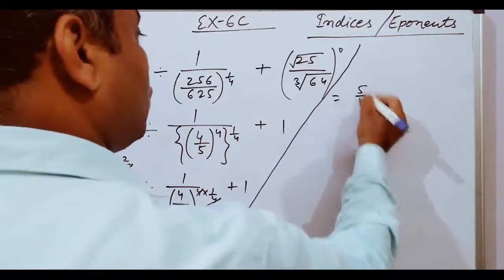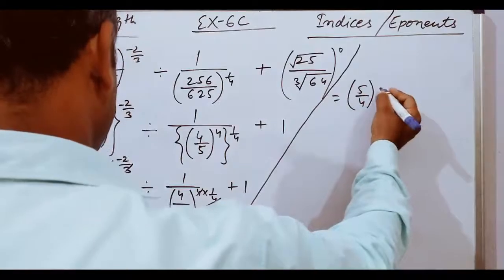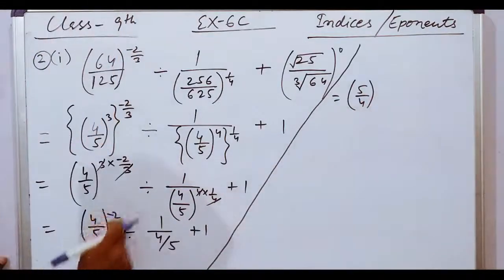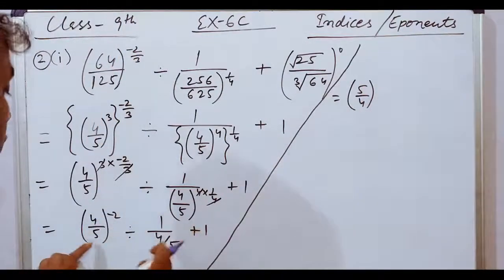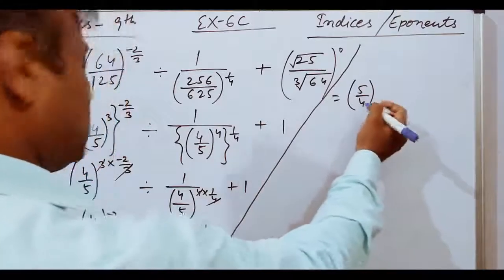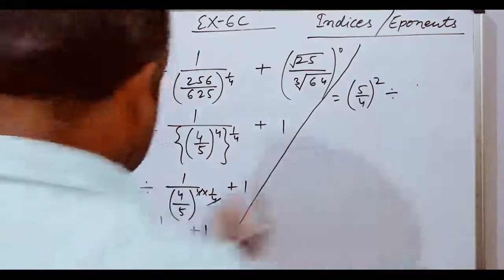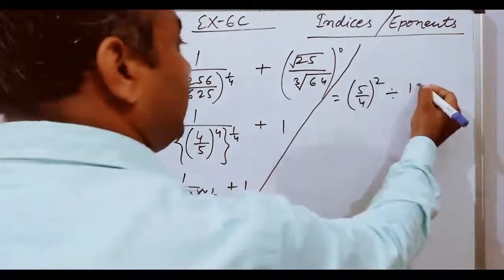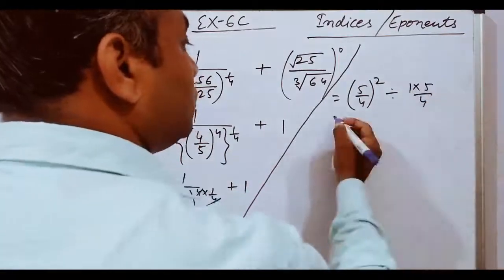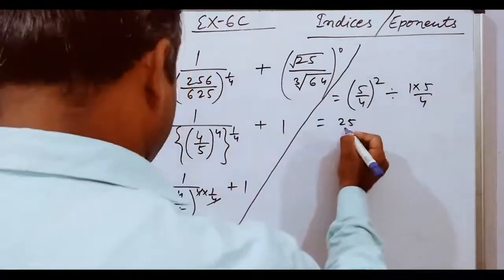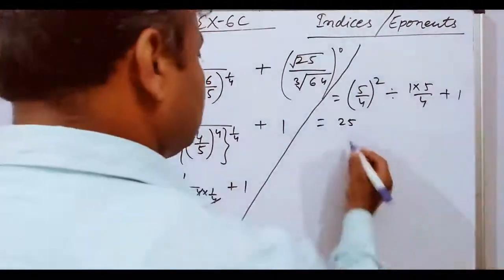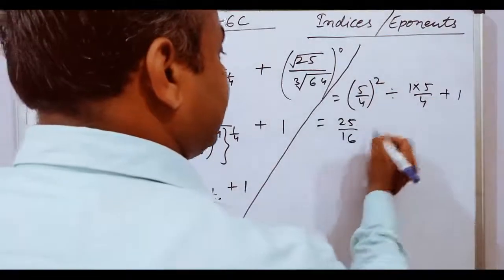To make it a positive exponent, what will we do? 5 upon 4 to the power 2, and it will go up: 1 into 5 upon 4, it is 25 upon 16, plus 1.